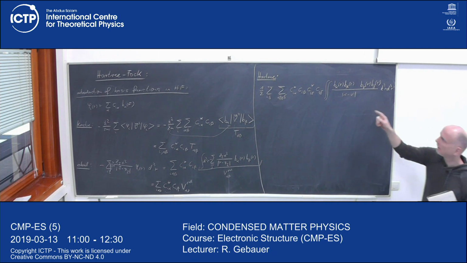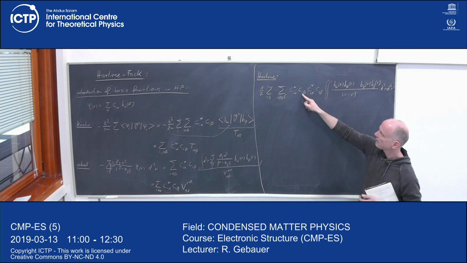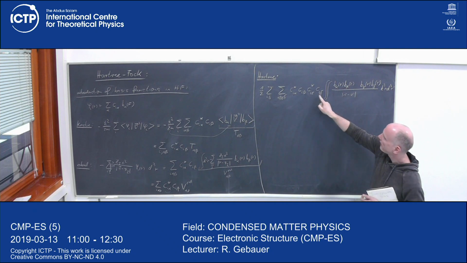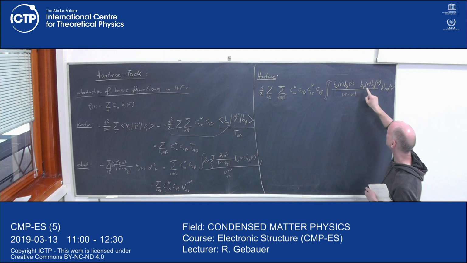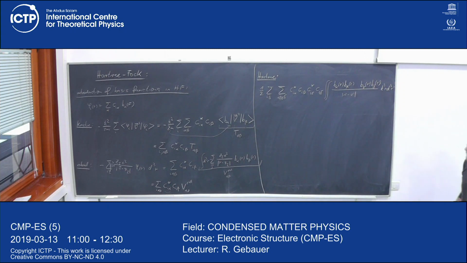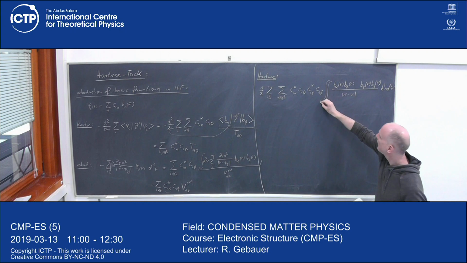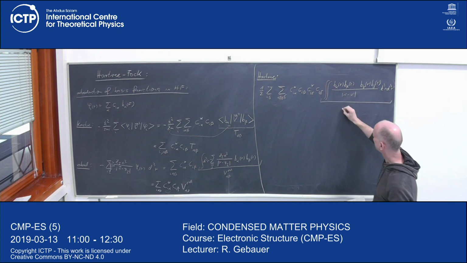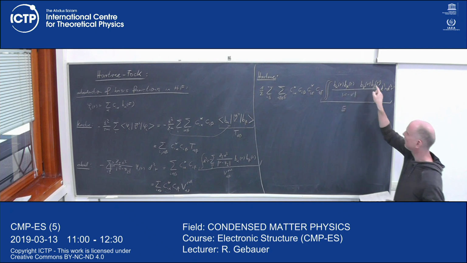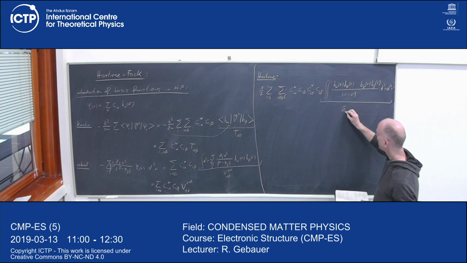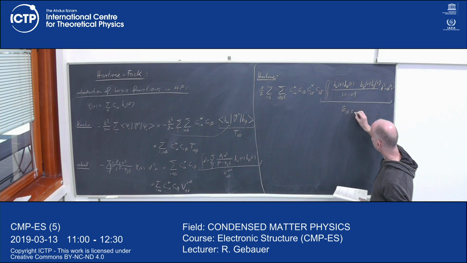Why this? Because you have phi_i at the position r times the same phi_i at the same position. So here we have those at r. And then we have phi_j, both taken at the position r prime. So here you have this. And this integral, which depends on 4 indices, they have a name. So you integrate over all space. Now all space dependencies go away. This is E alpha beta gamma delta, and they have a name.